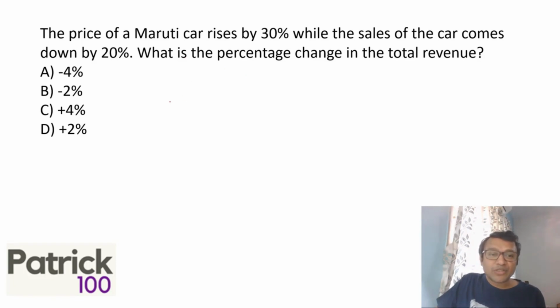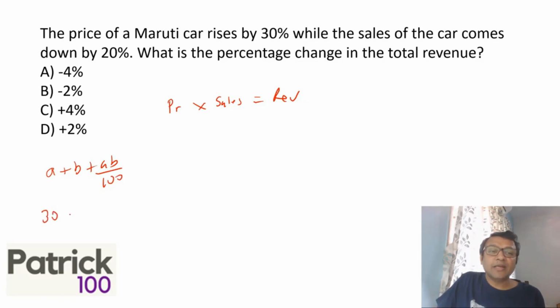First of all, let's understand the concept. Price into sales is equal to revenue. That's the product of two quantities giving you revenue. Now, since there is a multiplication, there is compounding. So when there is compounding, you can always use a plus b plus ab upon 100. That's one of the formulas you can use.